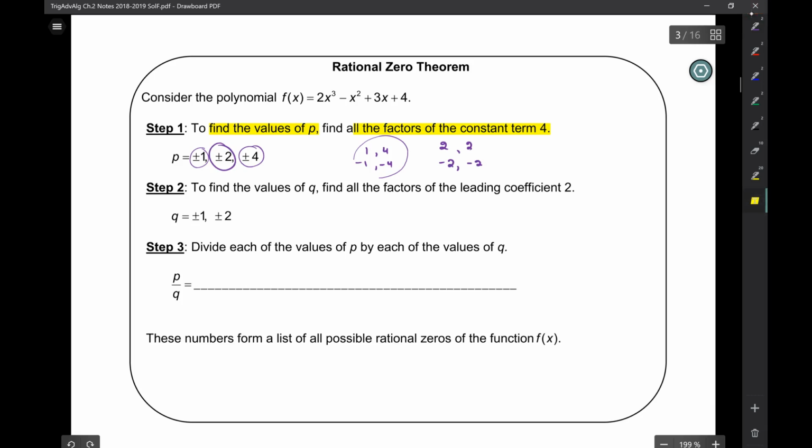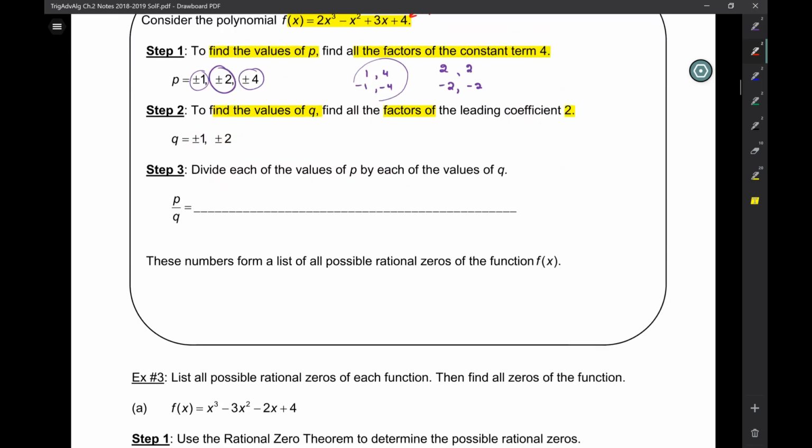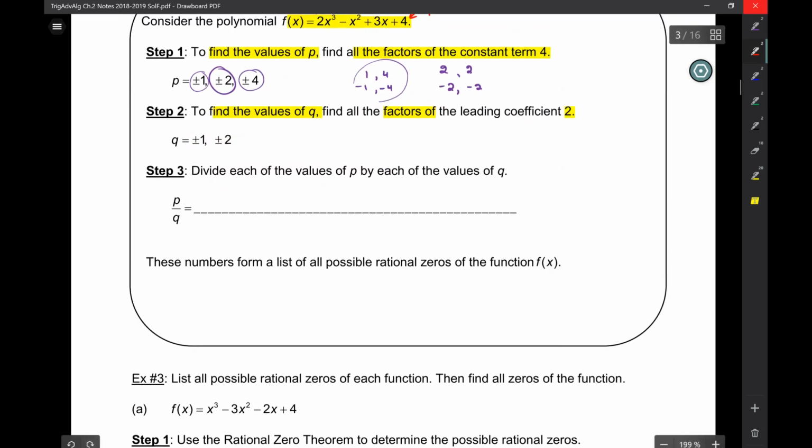Then, to find the values of Q, you need to find the factors of the leading coefficient 2. So this number gives you P. This number gives you Q. Right? So what are the factors of 2? 1 and 2, but you put plus or minus in front of them. Okay, now we're going to divide each of the P's by each of the Q's.